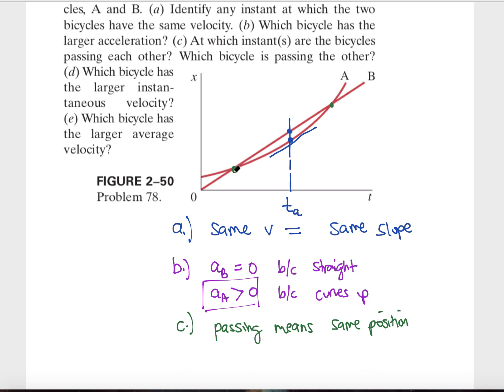At the first instant, B is passing A because its position goes ahead, and in the second instant, A is passing B. So we'll say that this position right here is TC1, and this one right here is TC2.